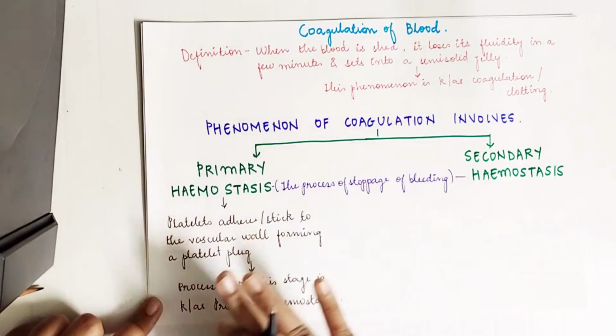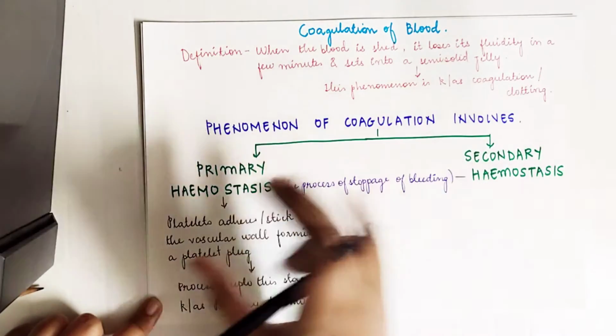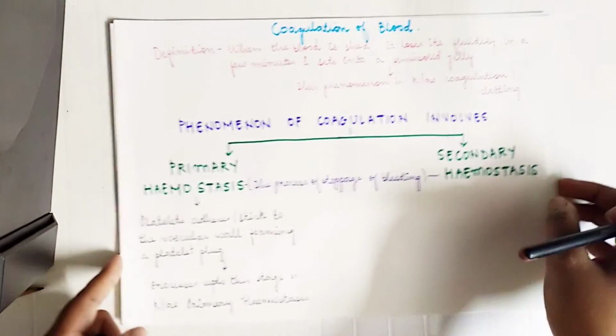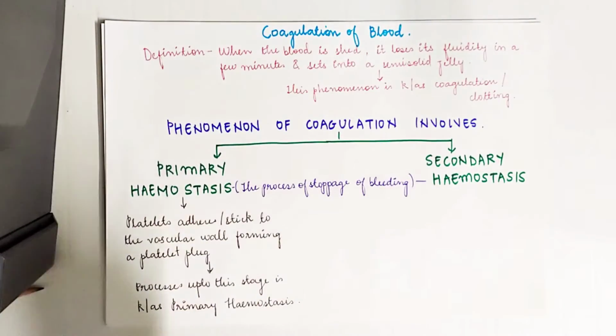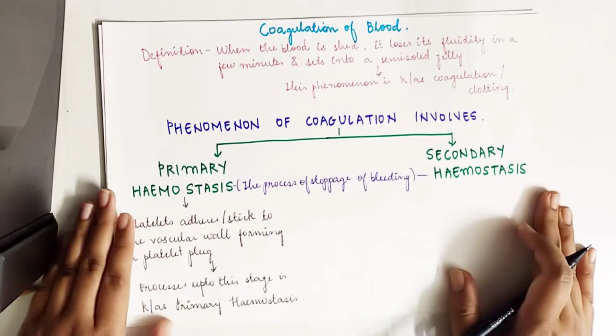These are mainly the two parts in the process of coagulation. So this is the primary hemostasis. Then comes the secondary hemostasis.